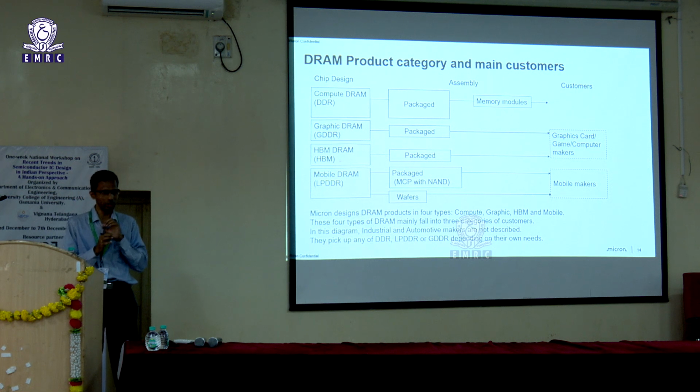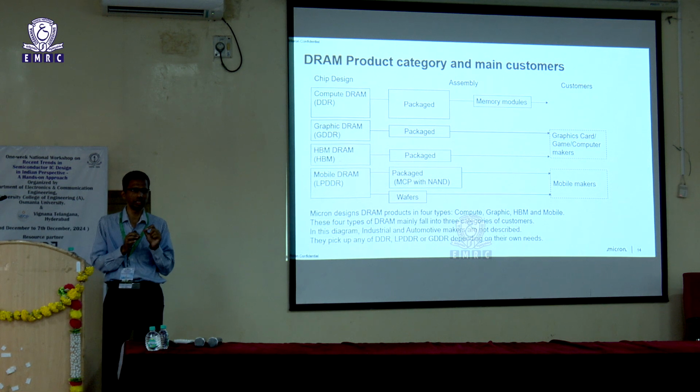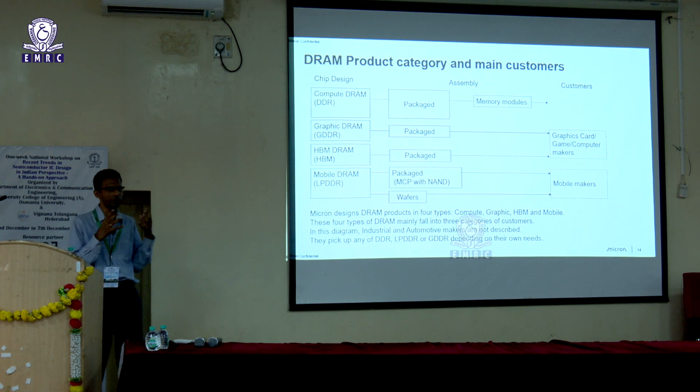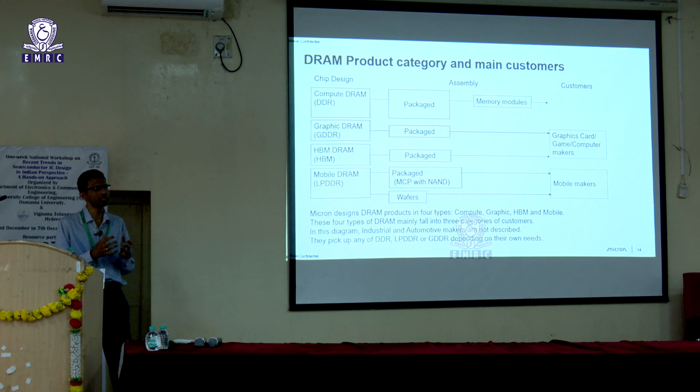If you give a search in ChatGPT, it's able to gather a lot of data, summarize it and probably create more content on its own. For all that you would need a huge amount of memory, and HBM is one such memory wherein you can have a large amount of IO which can drive such applications.